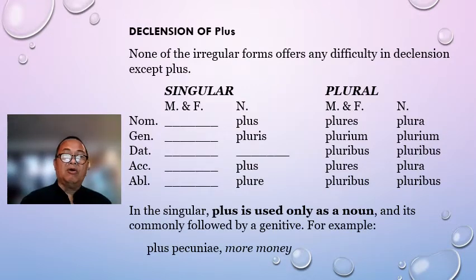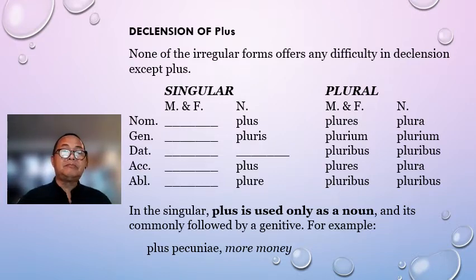Now, among those adjectives in the previous page with irregularities, here we have a very irregular form of the adjective, which is plus. In the previous page, plus is the comparative form, neuter, of the adjective multus, multa, multum, many.